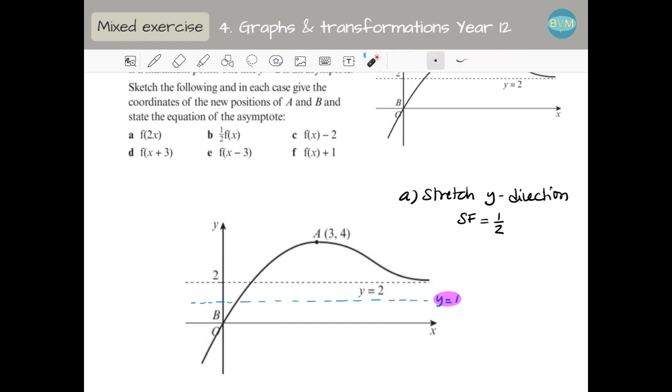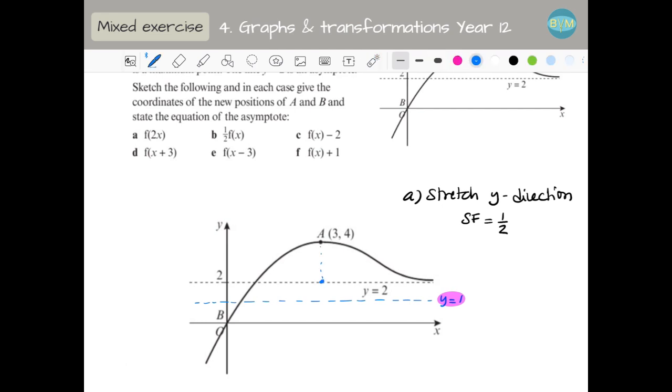So my new asymptote is y equals 1. Then for this point, the x doesn't change, but the y gets halved, so it's going to be 2. So this point is going to be now here, and the coordinates are going to be (3, 2). And remember, when I'm doing a stretch in the y direction, the roots don't change.